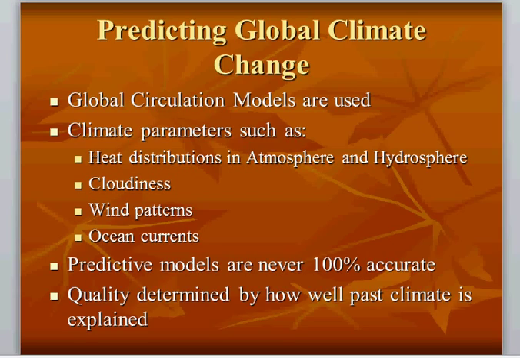Well, what scientists have done is tried to model the changes in the different climate parameters, such as heat distributions in the atmosphere and the hydrosphere, cloudiness, wind patterns, precipitation patterns, ocean currents.